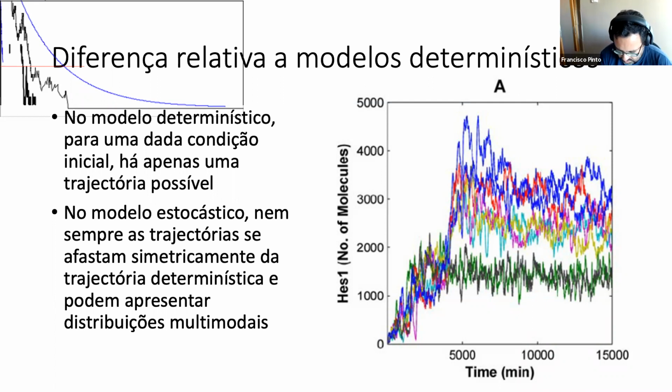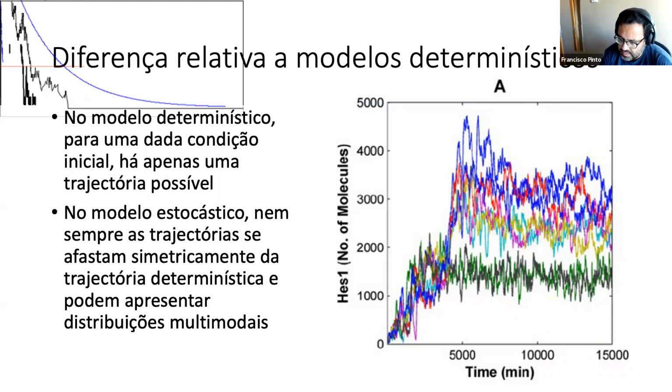Because in deterministic systems, you have the attractors, and each attractor has a basin of attraction. And if you start at the same position in the system, the same state, you will end up in the same fixed point.